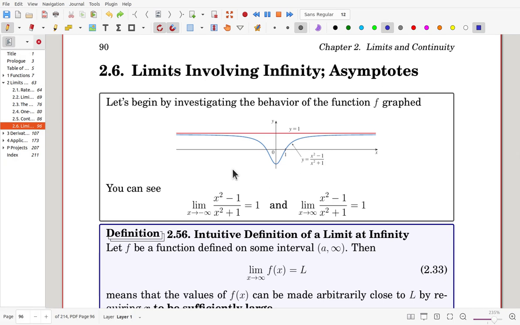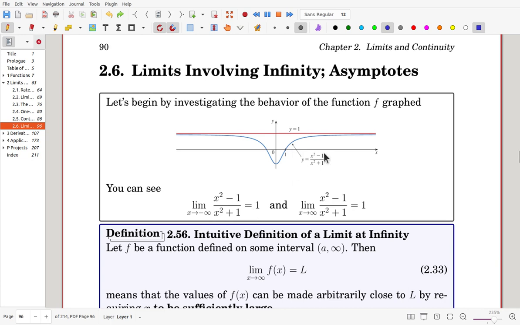It is showing a graph of the function y equals (x squared minus 1) over (x squared plus 1). As you can easily verify here, if x approaches minus infinity, then function values approach 1.